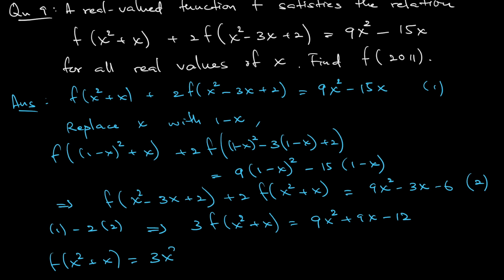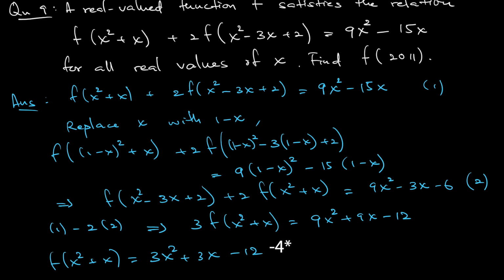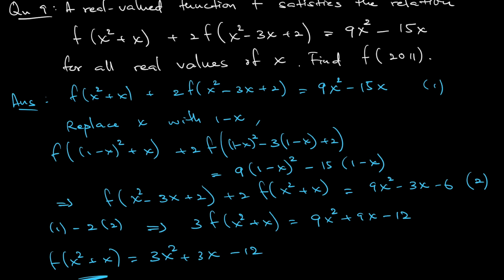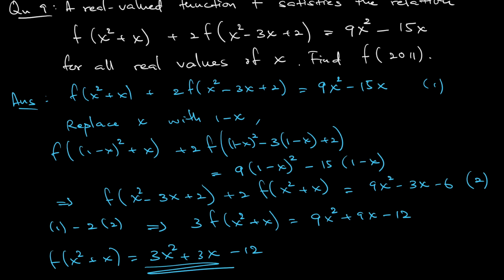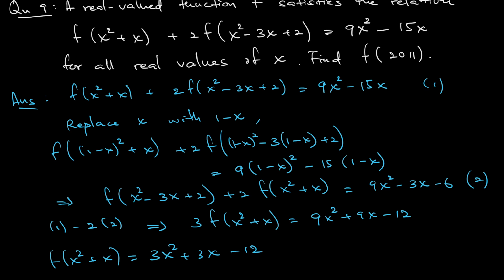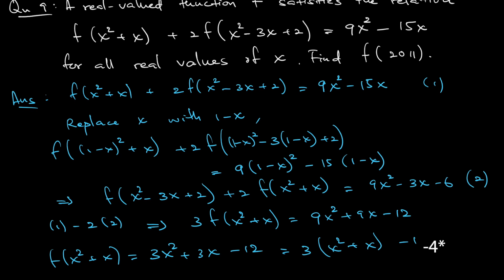You will get 3x squared plus 3x minus 12. Notice that the input is x squared plus x. It is not hard to see that this can be written as 3 times x squared plus x minus 12.